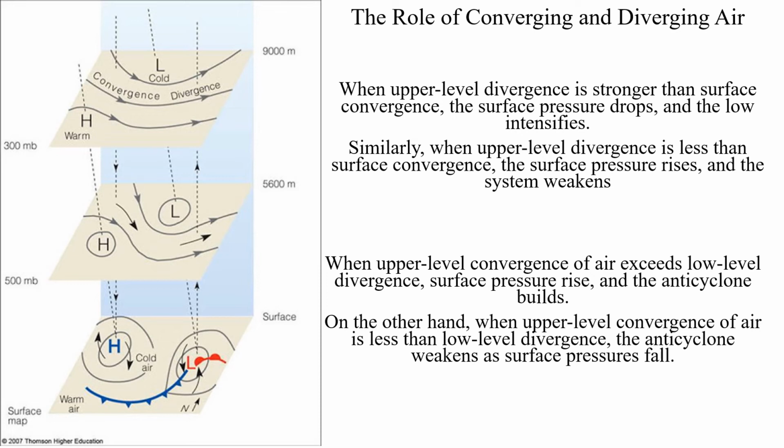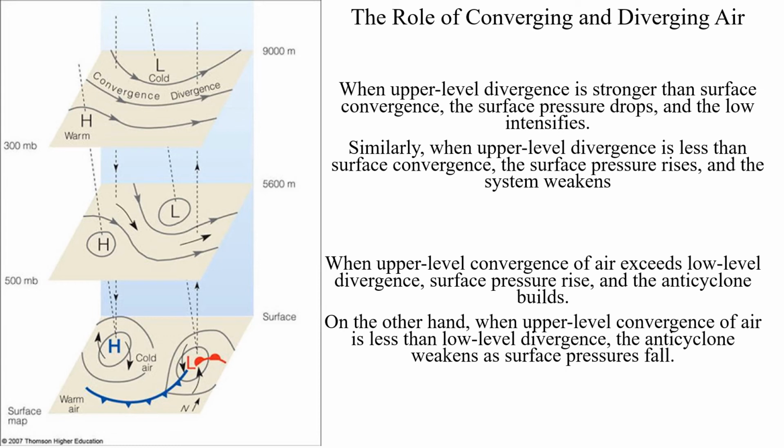This situation causes the surface anticyclone to tilt towards the southwest, towards the warmer air, at higher altitude. As we move upward from the surface, we observe that the closed area of high pressure at the 500 millibar level becomes a ridge.